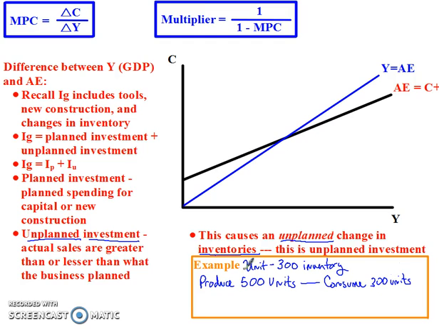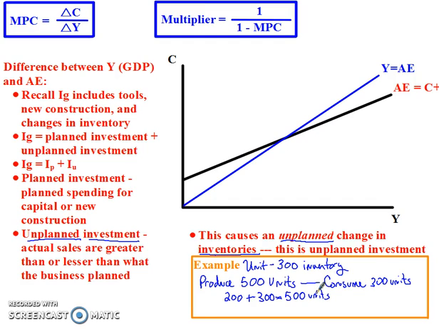So if you produced 500 units of the good and the consumer buys 300 units, that means you're going to have 200 units left over that are going to get added to inventory. So you got 200 units that are now going to get added to the 300 that you already had in inventory. So now your new inventory is going to be 500 units.